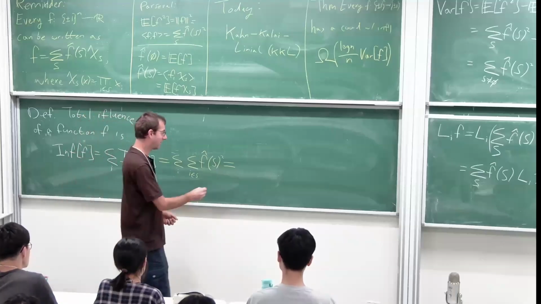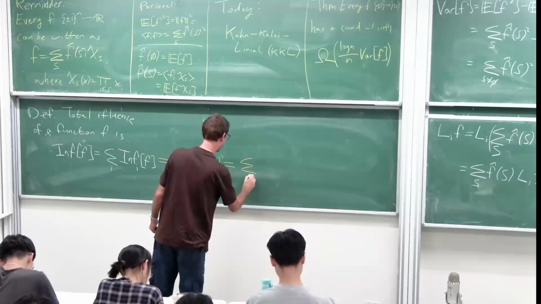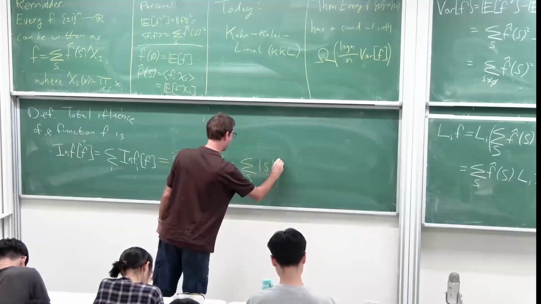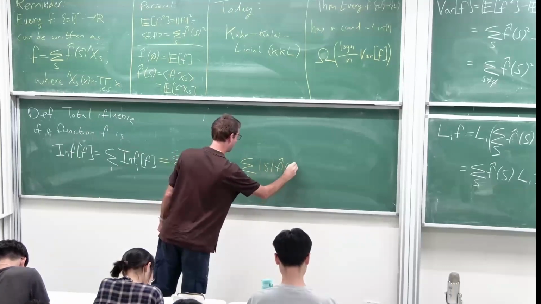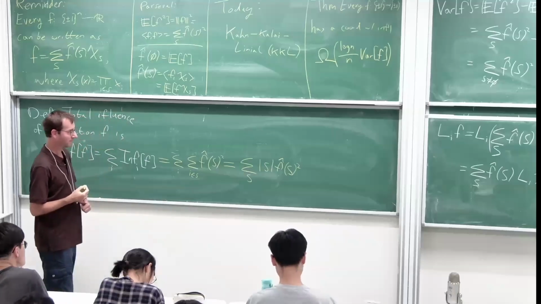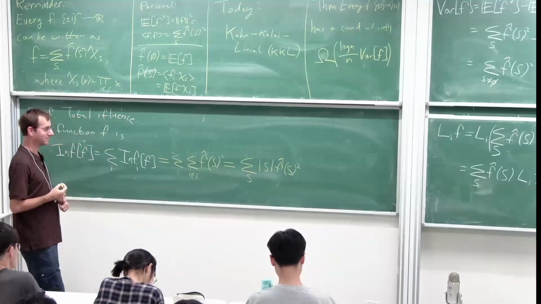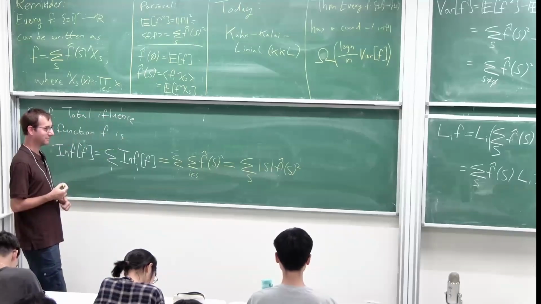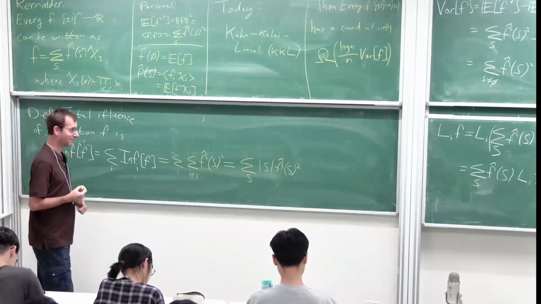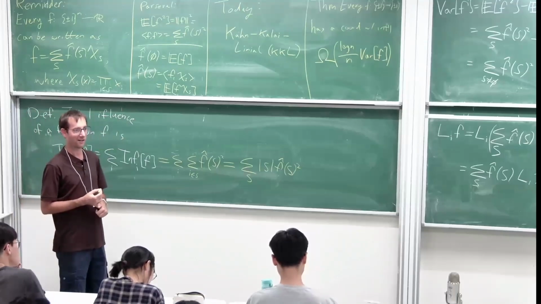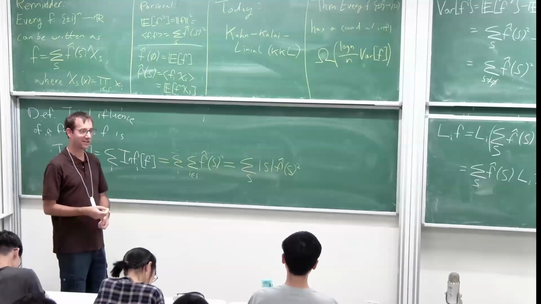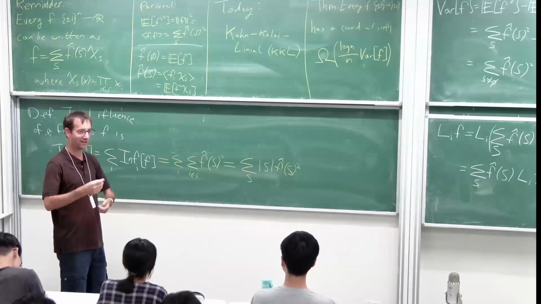Right, |S| times. So it is the sum over all S of |S| times f hat of S squared. This is the formula for the number of edges cut by this function.